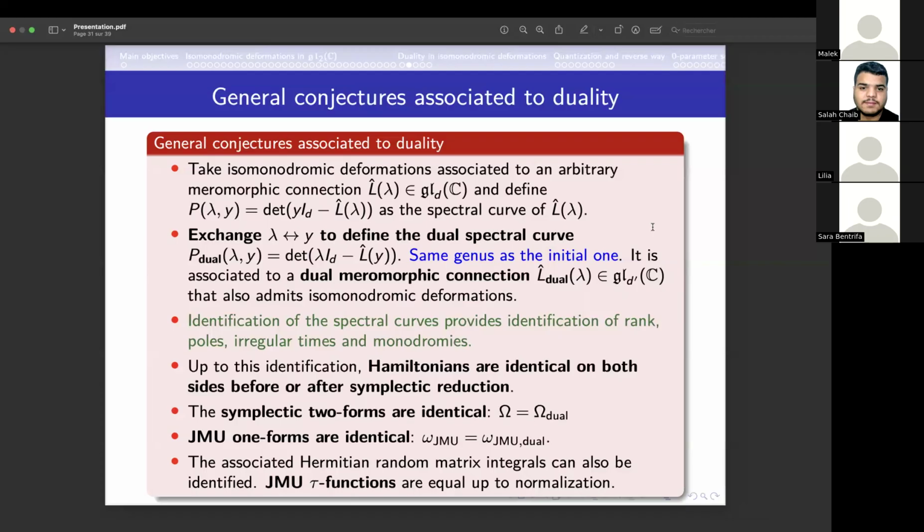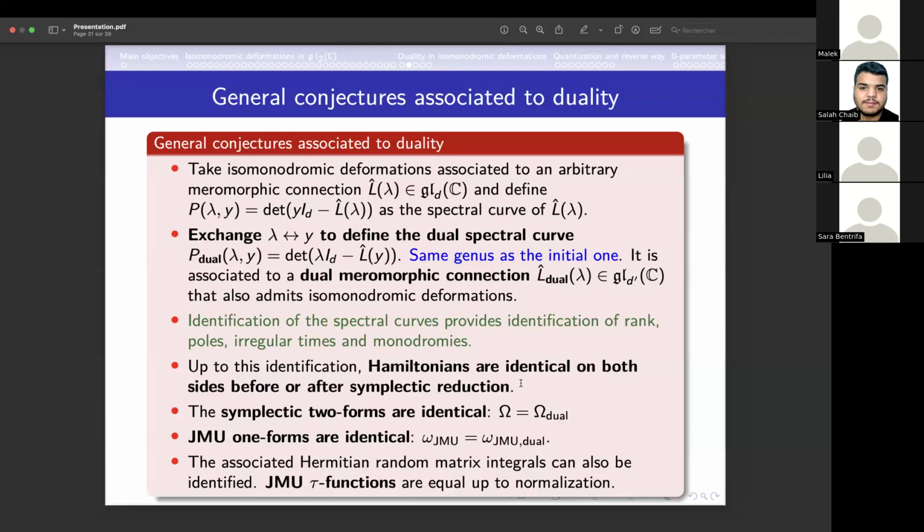Well, it turns out that this swap preserves the symplectic structure behind. Under the swap, there is an identification of the irregular times and of the monodromies of the spectral sides. And under this identification, the Hamiltonian structures of both sides are completely the same. So you get two completely different spectral curves with the same symplectic structure.